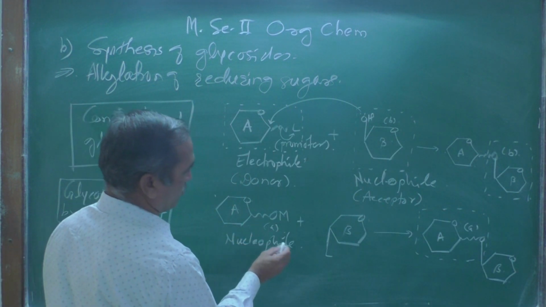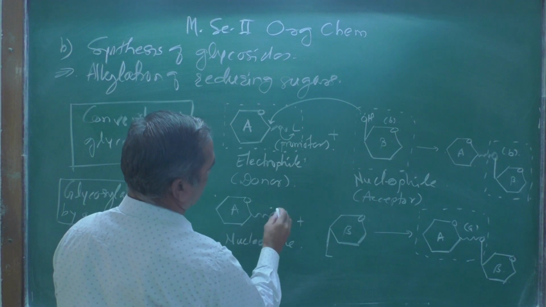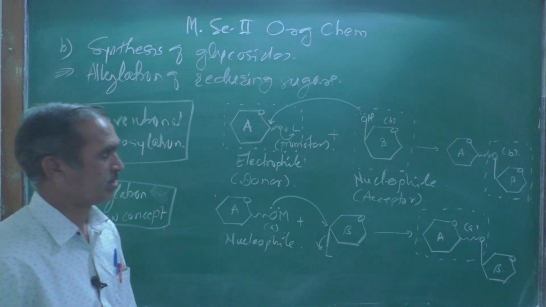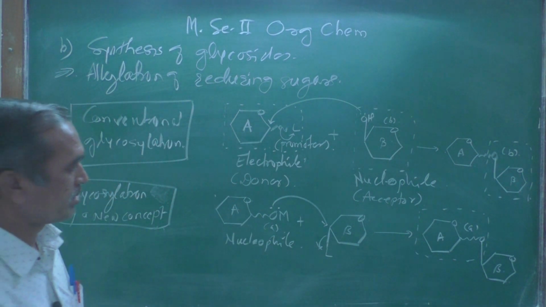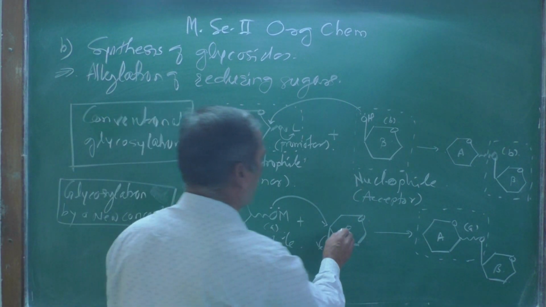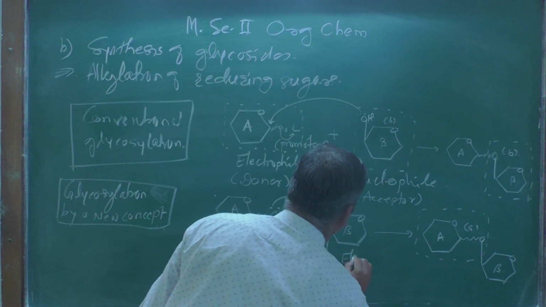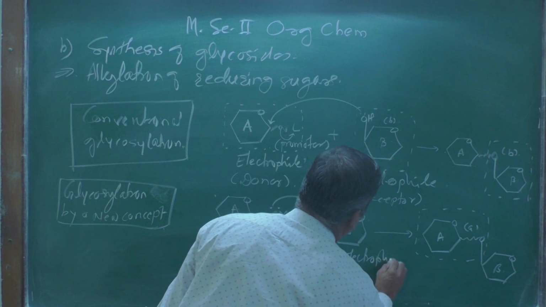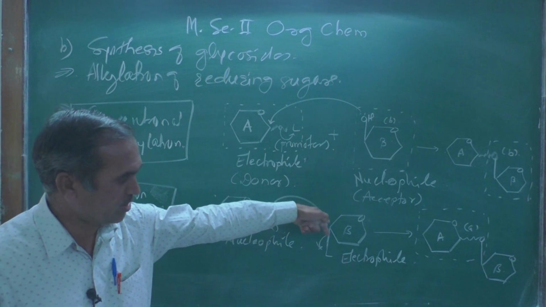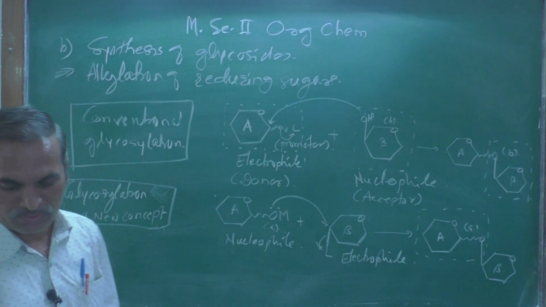Now what is going to happen here is this is going to attack over there, and L is a departure. After departing, this acts as a nucleophile, and this acts as an electrophile here. As we know, when a nucleophile attacks the center, there is a departure of the leaving group.